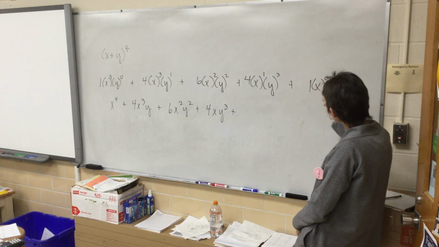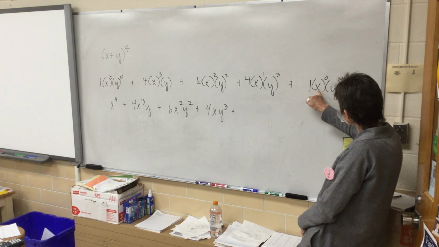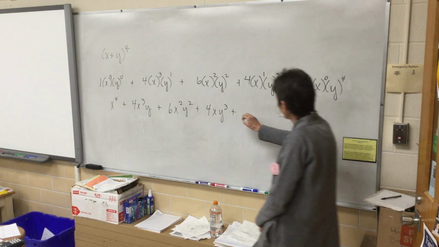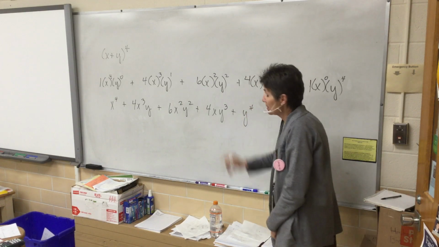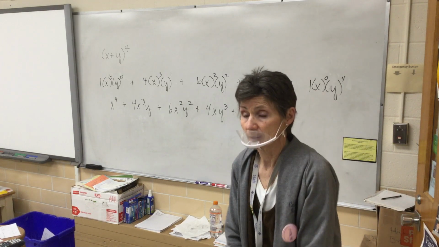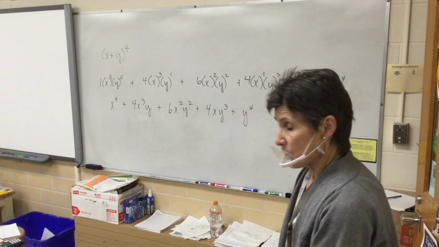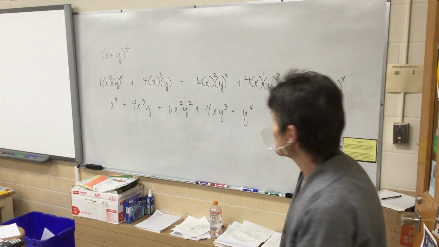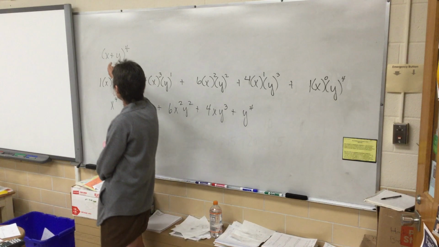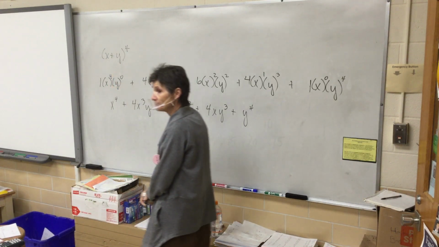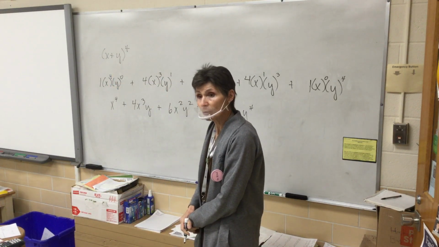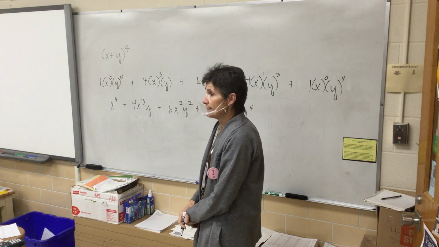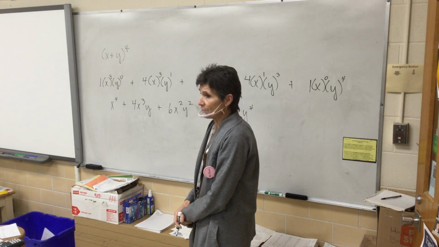And here we can simplify, because again, anything to the 0 is 1, so that's just y to the 4th. And there's your answer. So that's a little shortcut if you need to raise something like x plus y to a power, and you don't want to FOIL. You could FOIL, but that would take a lot longer.